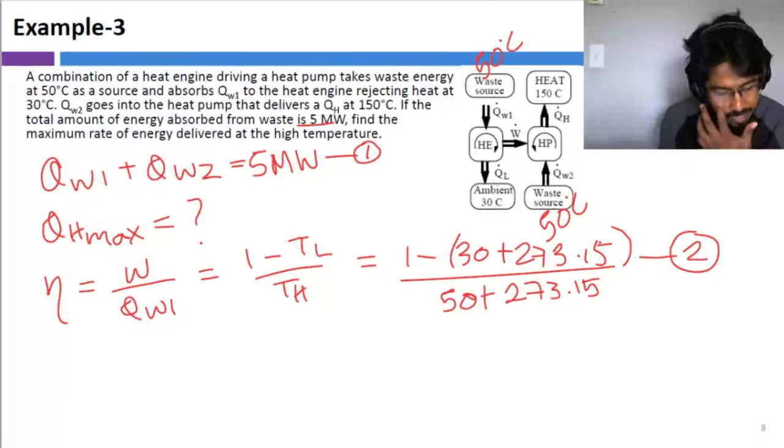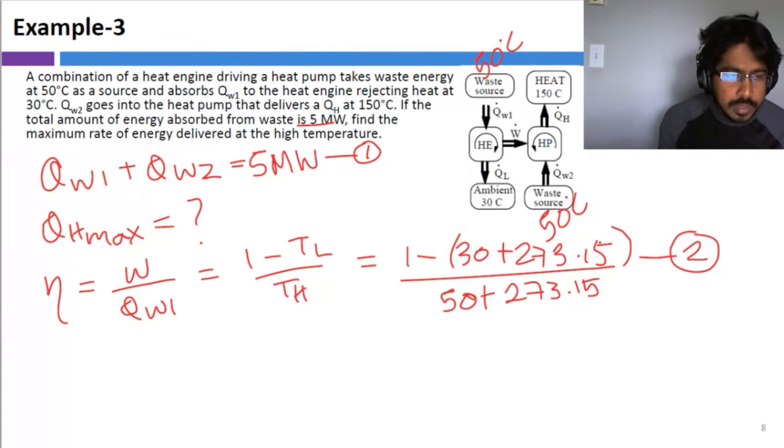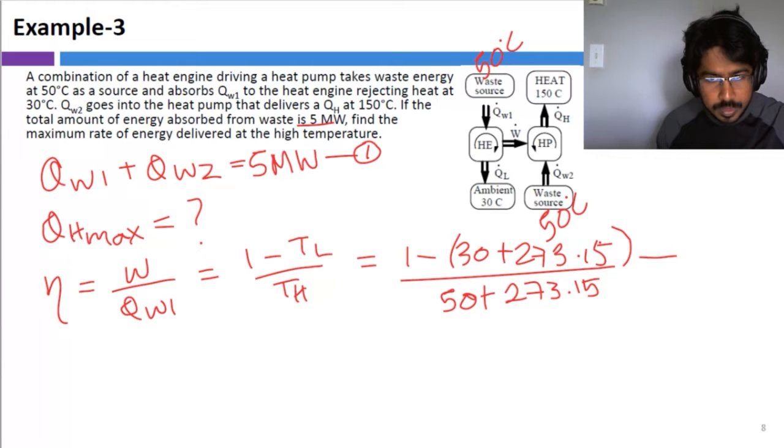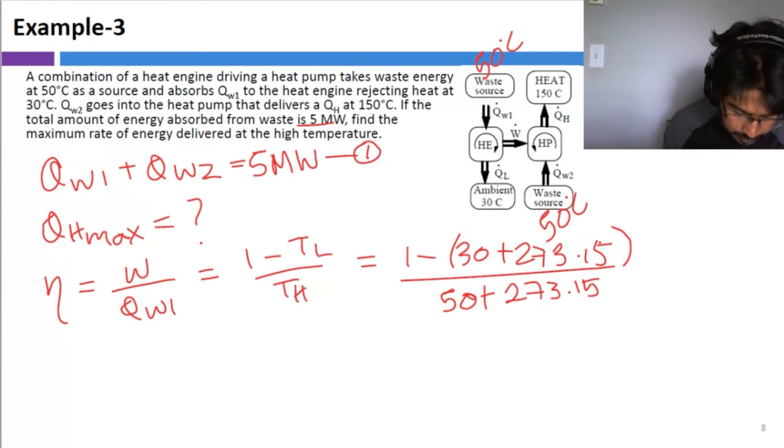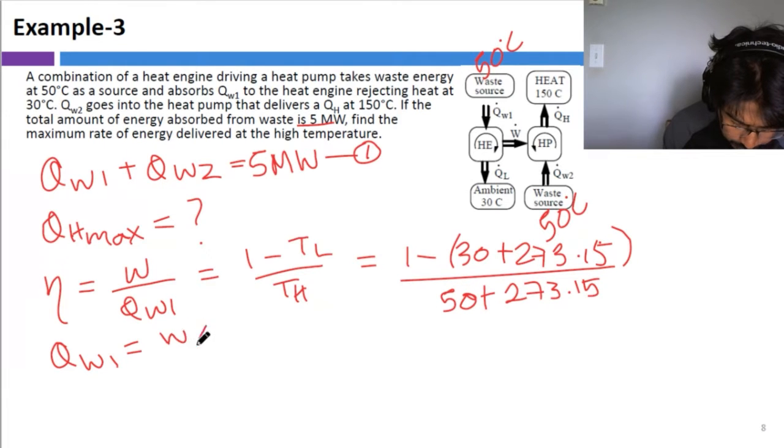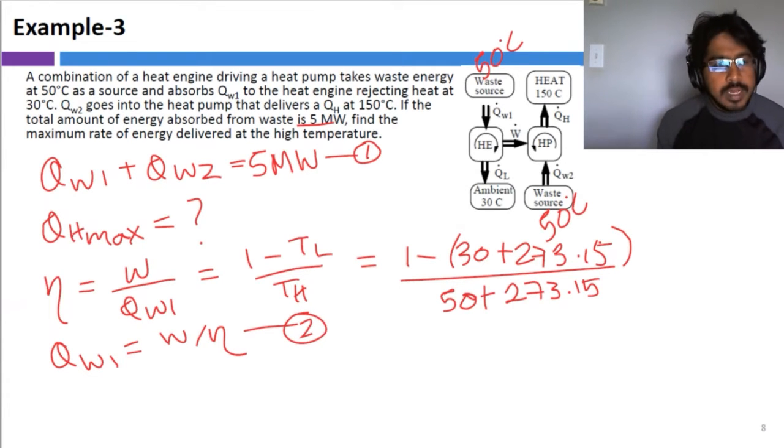Now we have an efficiency value. We already calculated that, W we don't know, and QW1 we have. As we have the efficiency value, let me write it in a different format. QW1 is equal to W divided by thermal efficiency, which we know already, and we are clear with the relationship too.